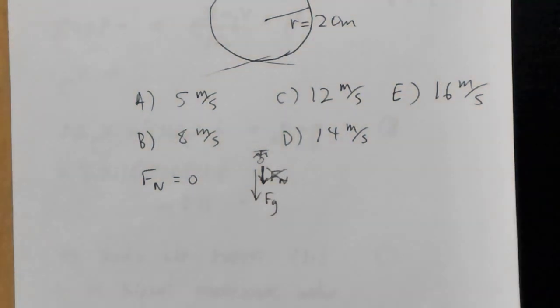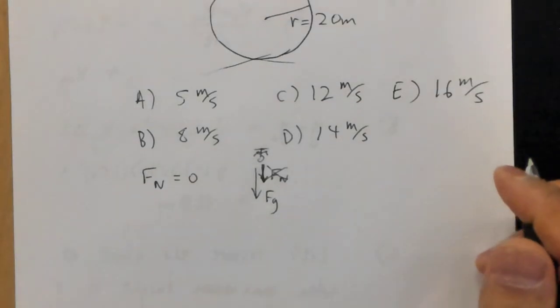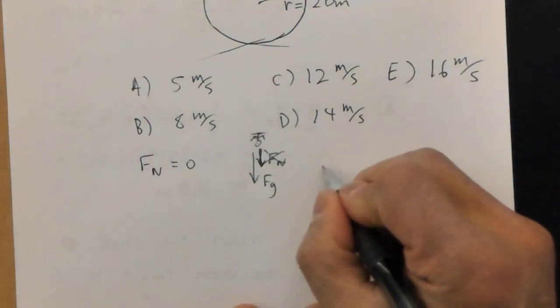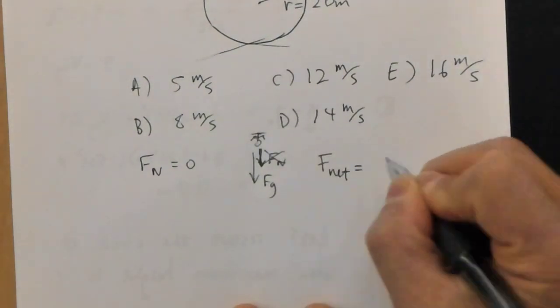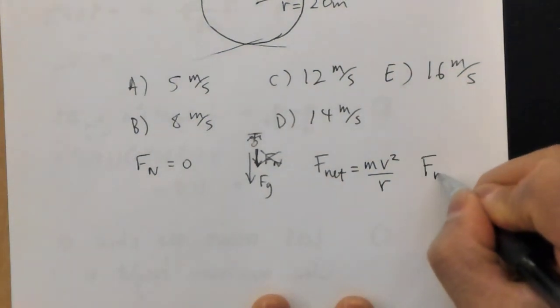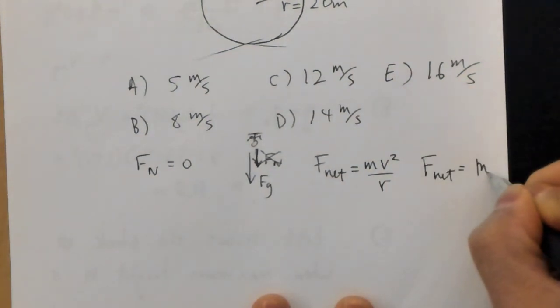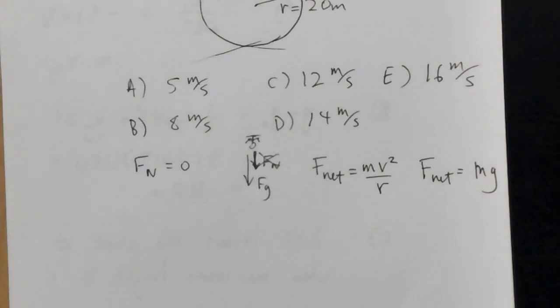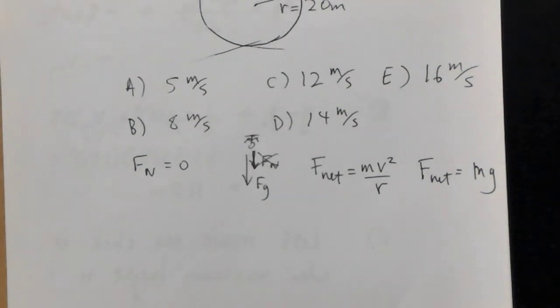But we are making the speed at the minimum, so there's no normal force. So only gravity is providing the centripetal force, the net force. The centripetal force needs to be mv squared over r. But the only force will be the force of gravity, which is m times g. Everybody's with me on that?